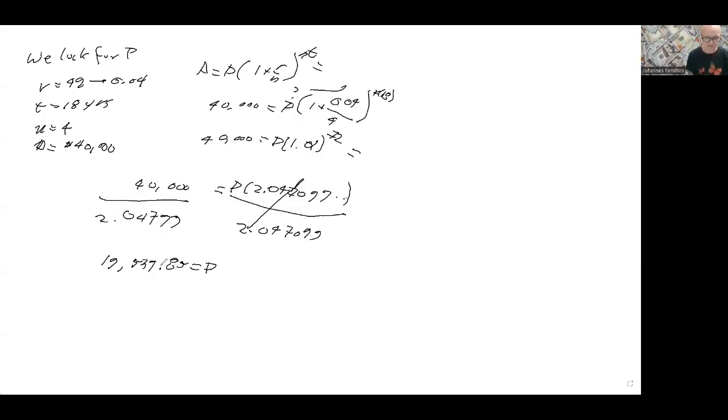So remember, this may depend a little bit on your calculator rounding. So it could be 84 or 85 cents, give or take a few cents.